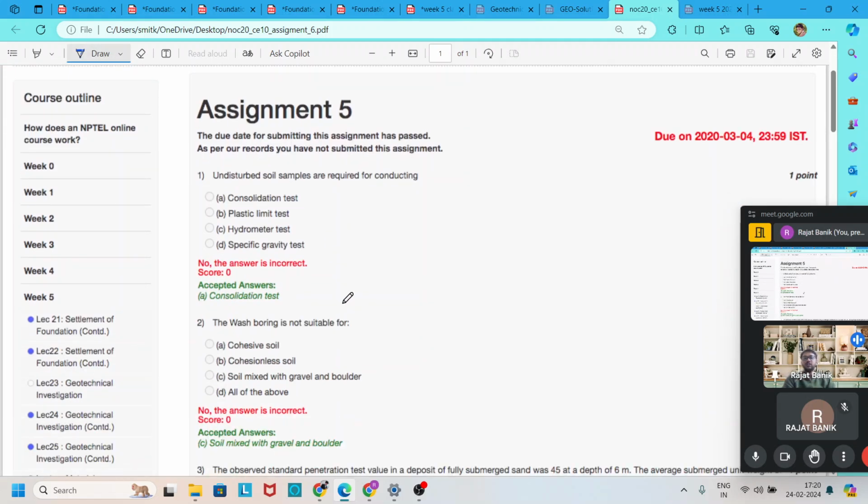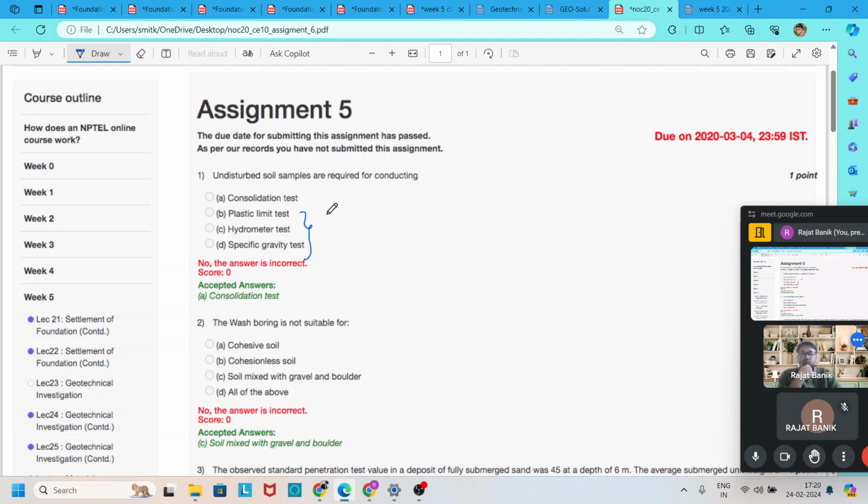The first question says: undisturbed soil samples are required for conducting what type of test? Consolidation test, plastic limit test, hydrometer test, or specific gravity test. The specific gravity, hydrometer, and plastic limit tests do not require an undisturbed sample.